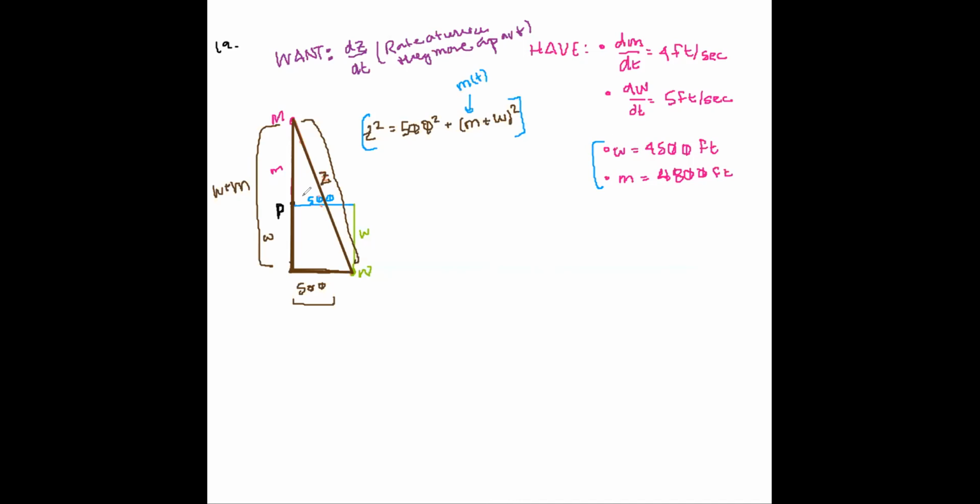M in 2 seconds is going to be 8 feet taller. Right? So because these are functions, you're not going to sub them in. We could have called 500 like y and left it constant, but it is constant. Y is not a function of t. It's just a variable.